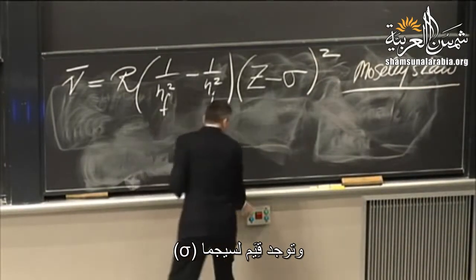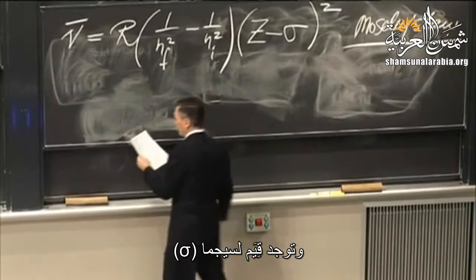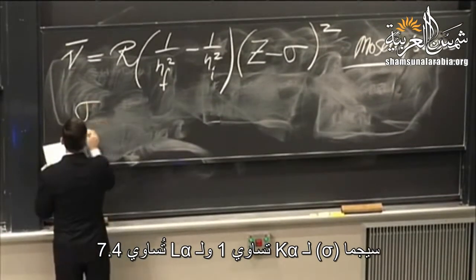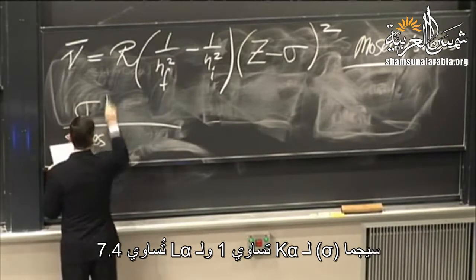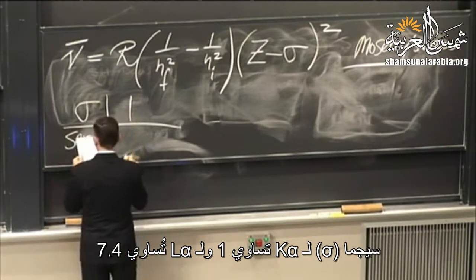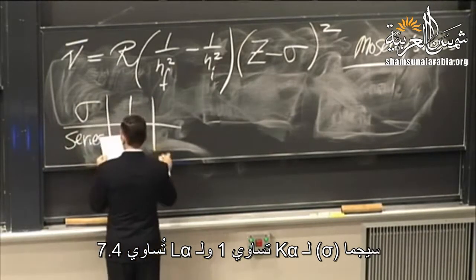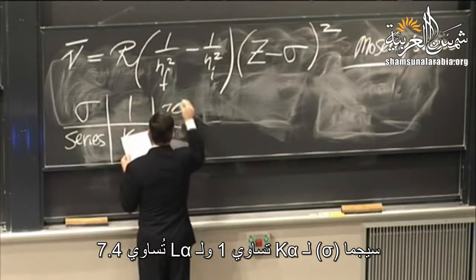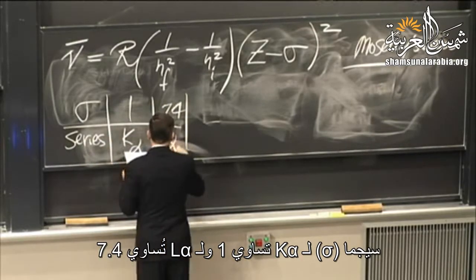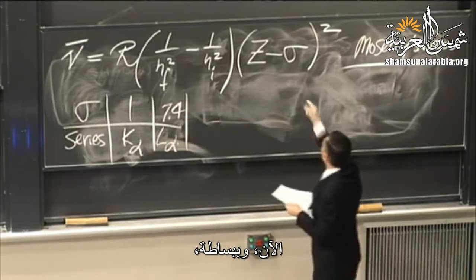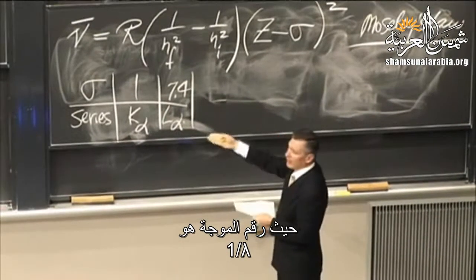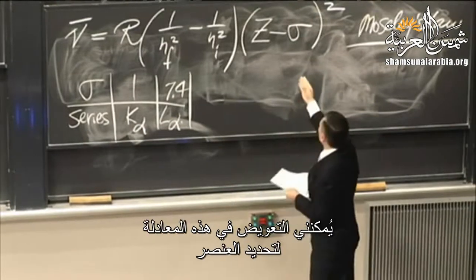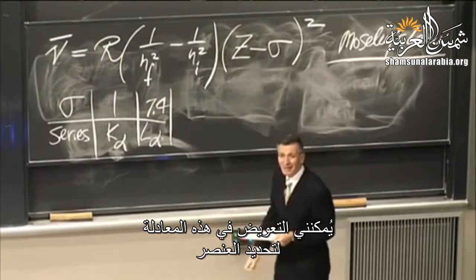And we've got values for sigma. Sigma for K alpha equals 1, and for L alpha equals 7.4. So now I can, with impunity, take the wavelength you give me, get the wave number, 1 over the wavelength, plug into this equation and identify the element.